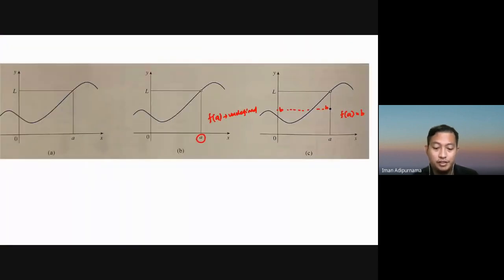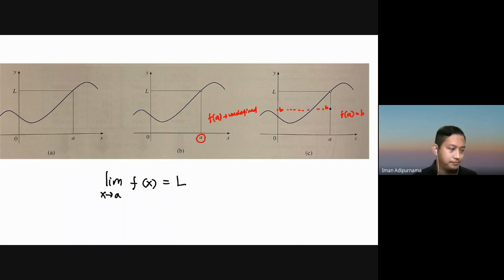But these three graphs are showing the same conclusion. That is, the limit as x approaches a of some function f will all go into the same conclusion L. Three graphs, same conclusions.